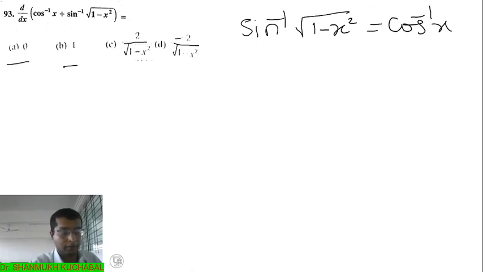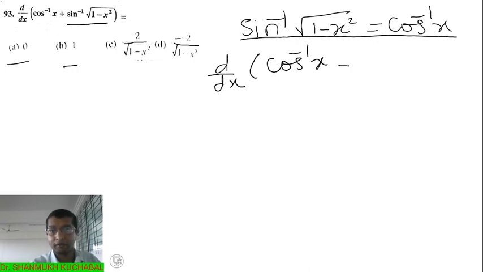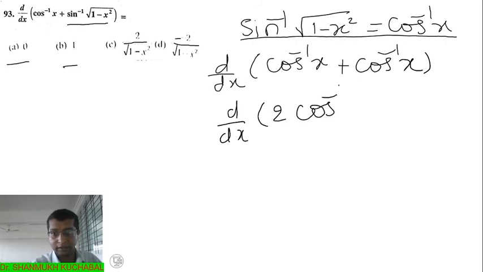So we can write this as d upon dx of cos inverse x as it is. Using this formula we can replace sine inverse of root of 1 minus x square with cos inverse x. So further d by dx, cos inverse x plus cos inverse x is 2 cos inverse x.